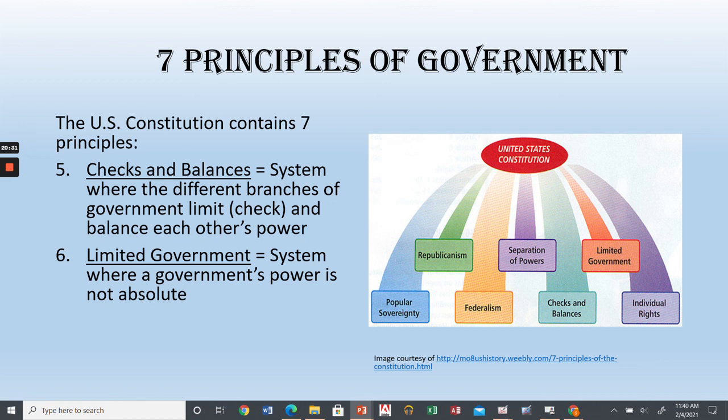Okay, 6, limited government. Remember, we started with the Magna Carta that took away a little bit of the king's power over in London. And over time, over the next 560, 570 years, this is all going to be a trend of limiting government more and more until you get to the Constitution, where a system where government's power is not absolute.